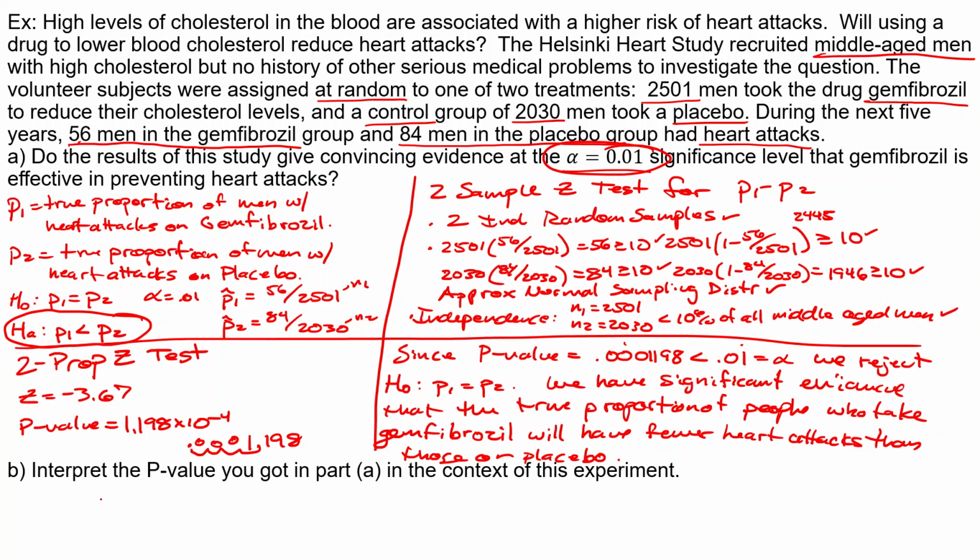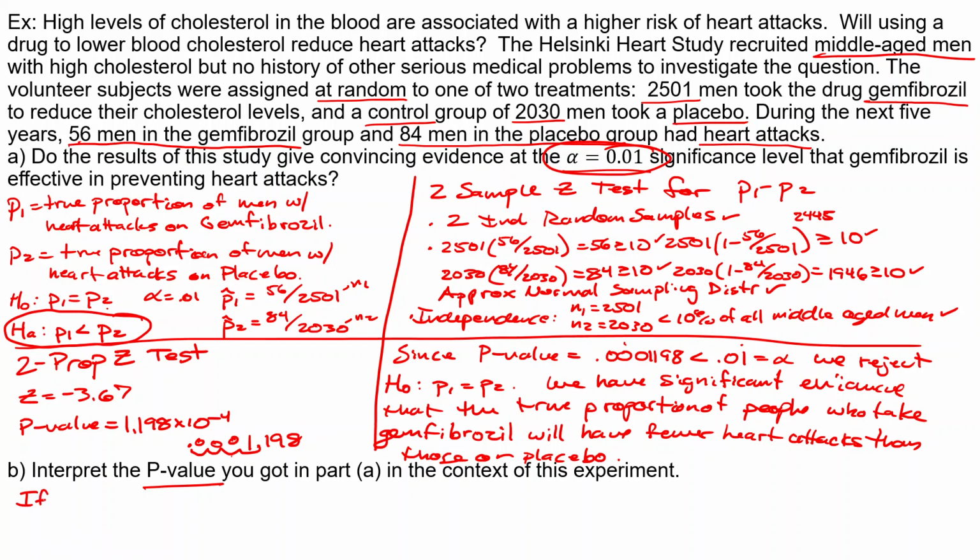All right, interpret the p-value you got from part A in context for this experiment. So remember, the p-value means if the null hypothesis is true, this is the chance that we got the answer that we got.